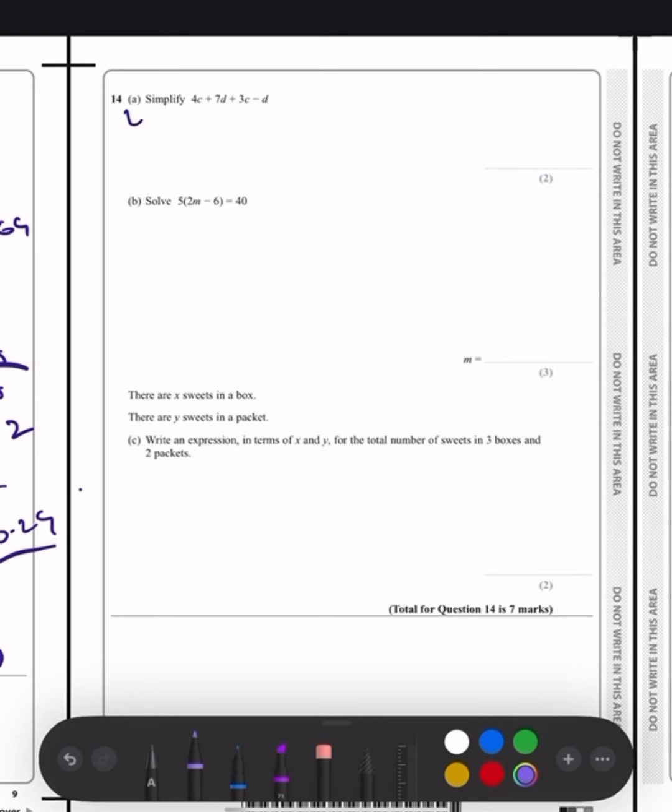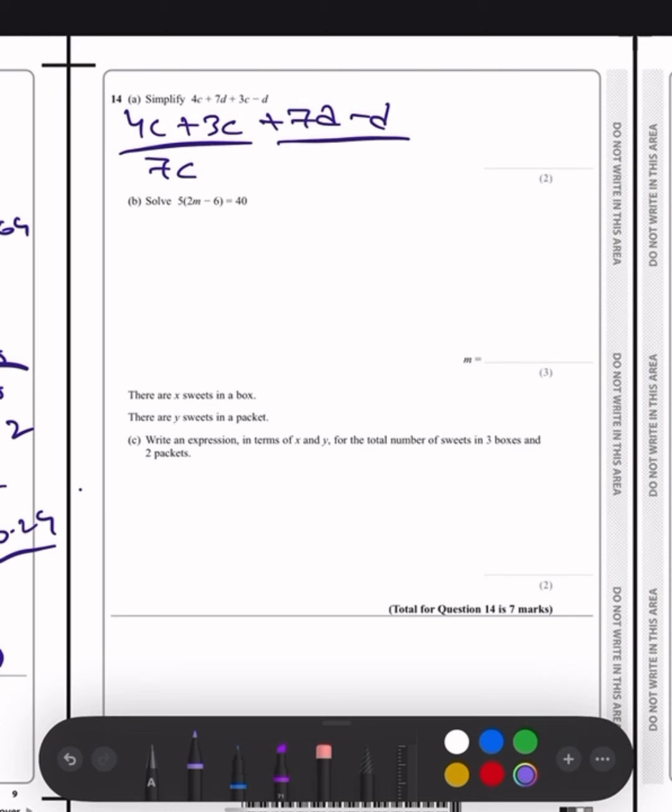So we take 4C plus 3C plus 7D minus D. This is how you would rearrange it. 4C plus 3C will be 7C and not 7C square, because we're not multiplying the C's here. If we were multiplying, you would have an answer of 12C square.